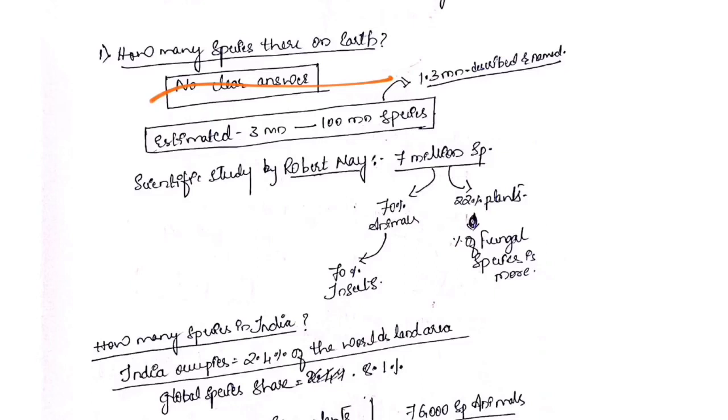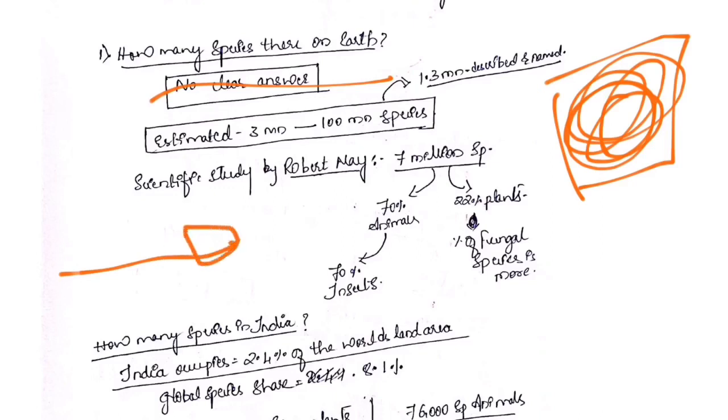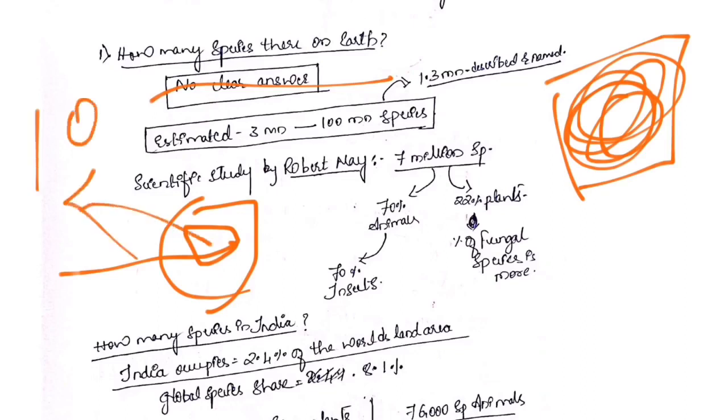So we can identify and classify the number of plants and the number of animals. But if we take a small area, within the soil many microorganisms are present. If you take a small spoonful of soil, we'll get nearly 100 different species of microorganisms.